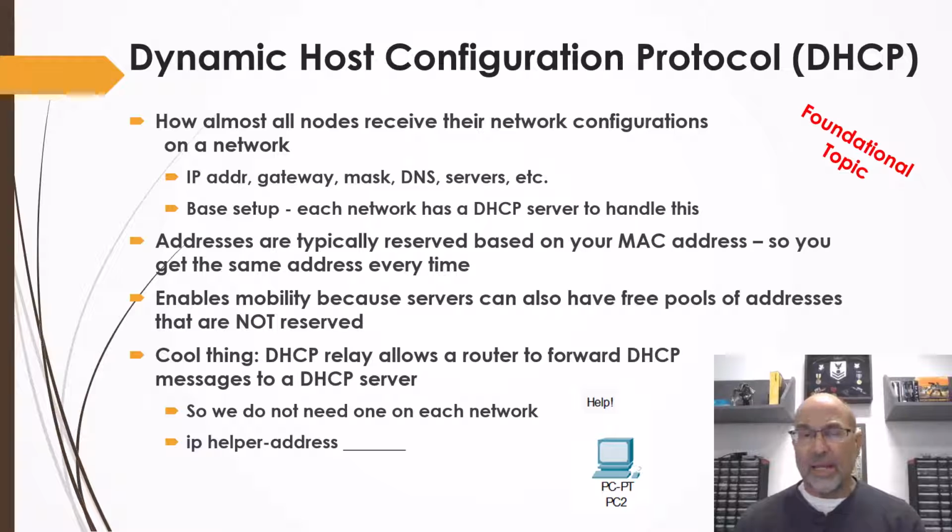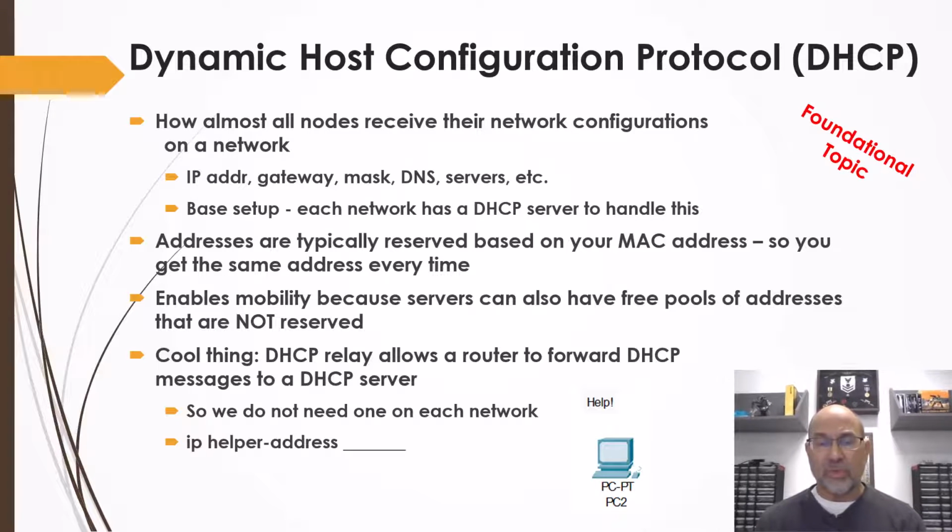And the important idea there is that you could have a single DHCP server serving multiple subnets. So you don't need a whole bunch of servers sprinkled all around your networks. And the command that allows us to do the relaying is the IP helper address. So IP helper and then whatever the address is going to be for the DHCP server.